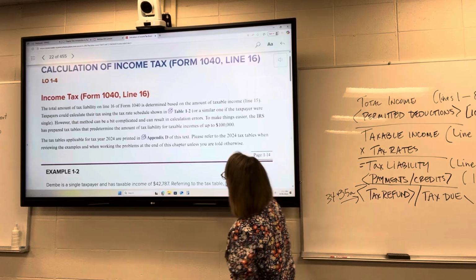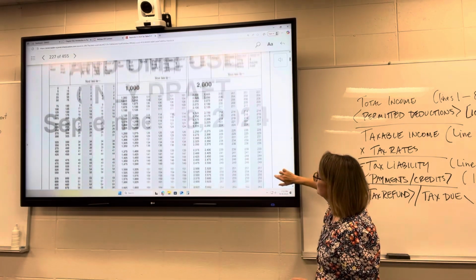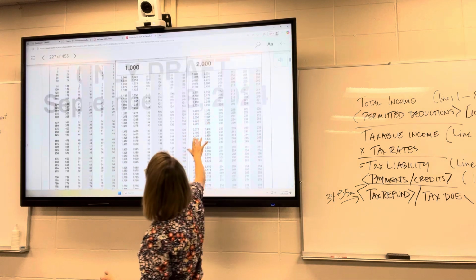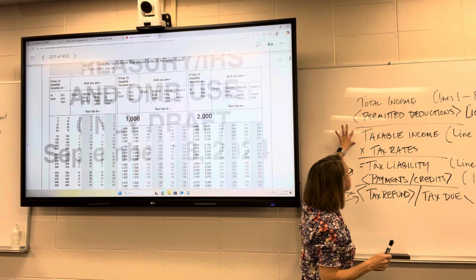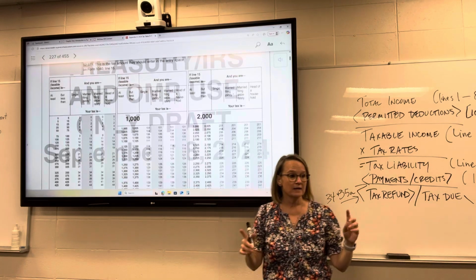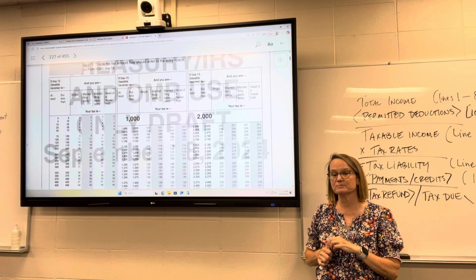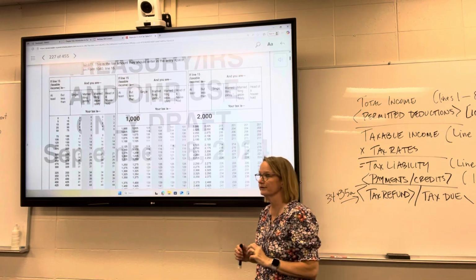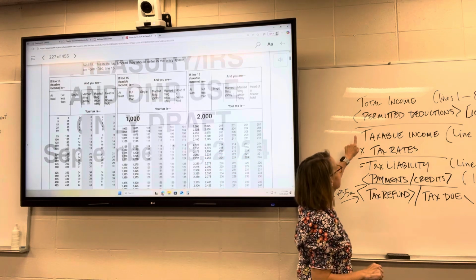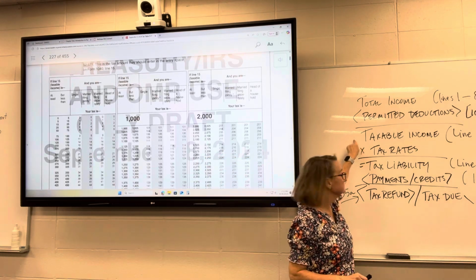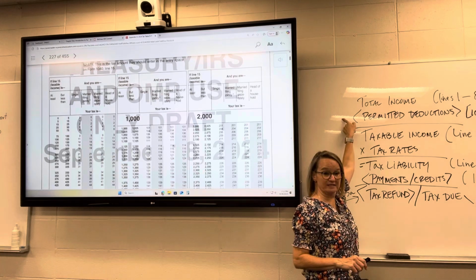So if we look at, let me see if I can, so here's the tables. So looks pretty similar. So your taxable income, so we've already got to this point. And by the way, I'm going to give you a little hint. Some of your problems assume that you know more than you do. If they use the term taxable income, they've already subtracted the deductions.